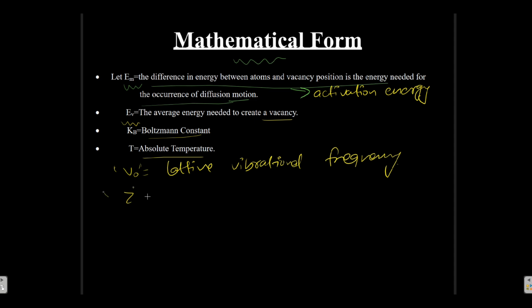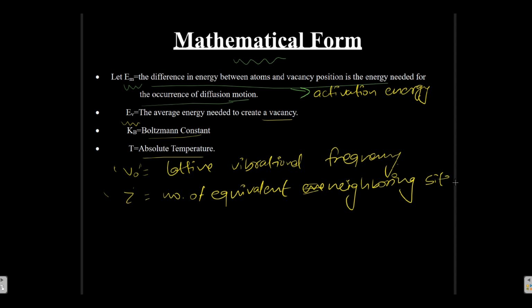And similarly, z over here is the number of equivalent neighboring sites. So these are the few terminologies that are used in the mathematical form of jumping frequency.